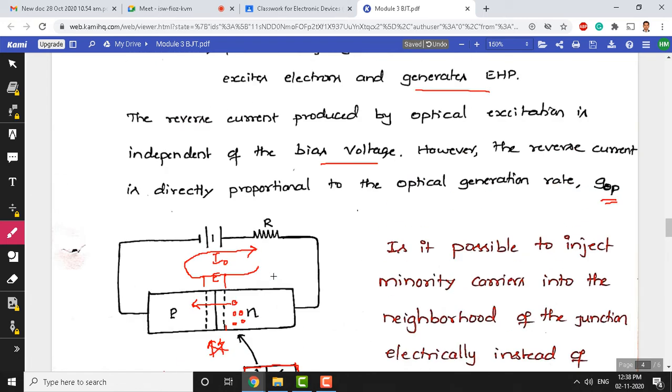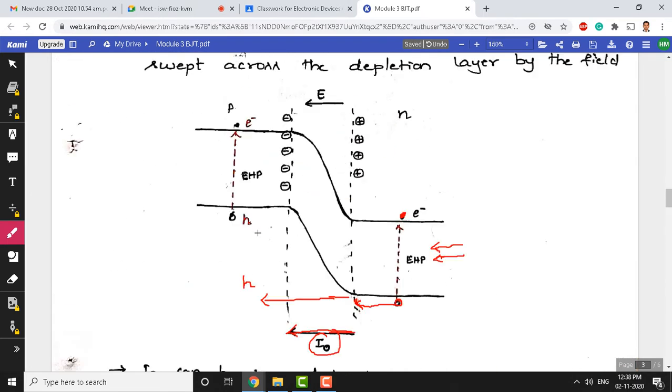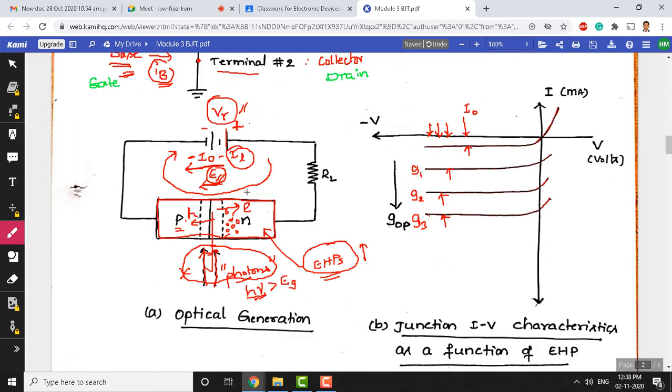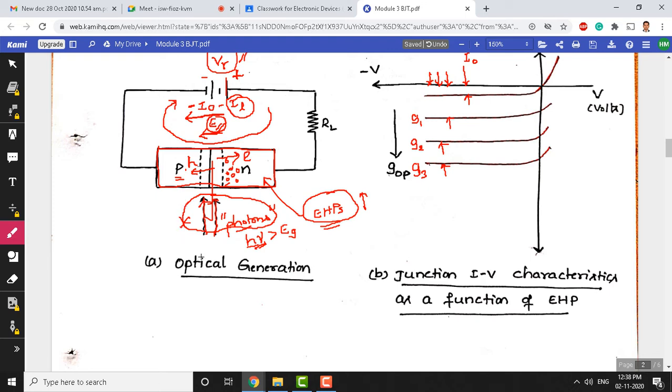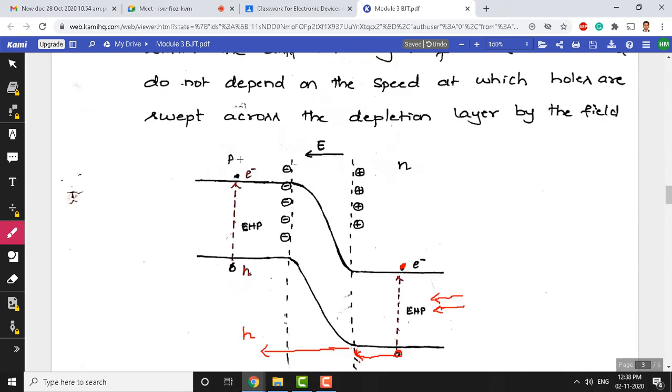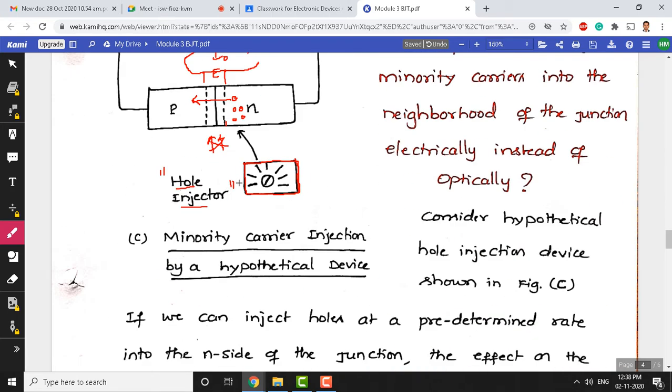Now, you can just observe this diagram and this diagram. The only difference you see here is that in one, photons are injected to create electron hole pairs, whereas here we have created an additional, hypothetical device called a hole injector.